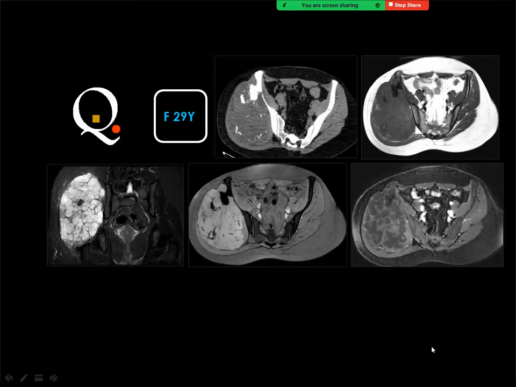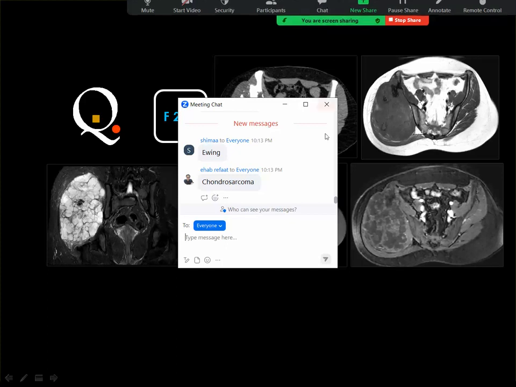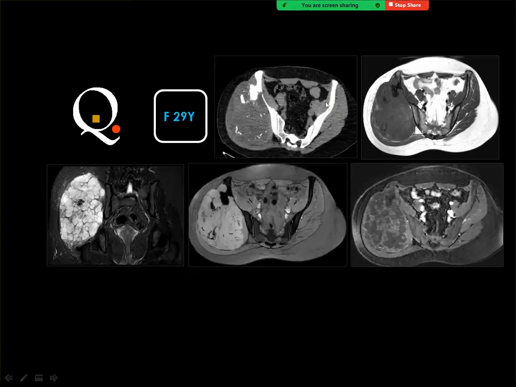Next case is a female patient, 29 years old, with a big mass infiltrating or involving the right iliac bone. Yes, the answer is right. This is chondrosarcoma, not Ewing, because the patient age is a little bit old, in the adult.